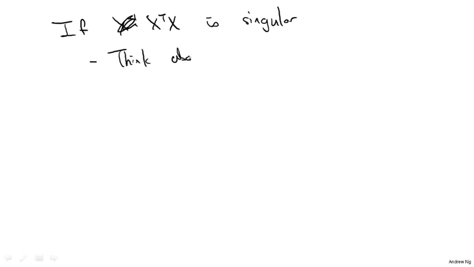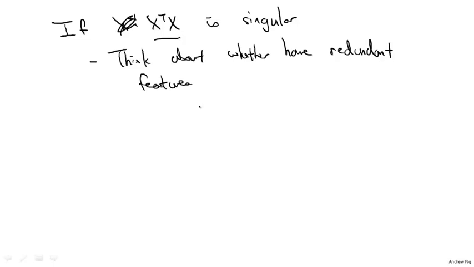So to wrap up, if X transpose X is singular, or equivalently if it's non-invertible, first think about whether you have redundant features, or what I was calling linearly dependent features, such as the size in square feet and the size in square meters, because this will cause X transpose X to be singular.